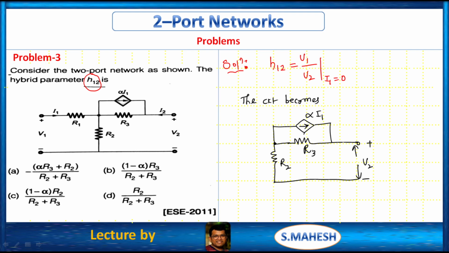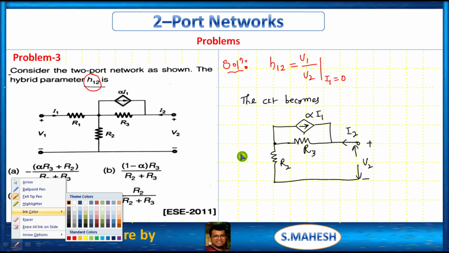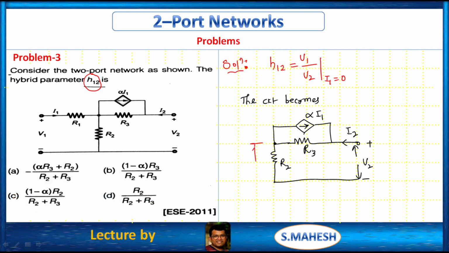The current through this branch is only I2, because I1 is 0. When it is open circuited, this is V1. This is I2, this is also I2, and this is alpha I1, where I1 is equal to 0. This is the modified circuit.